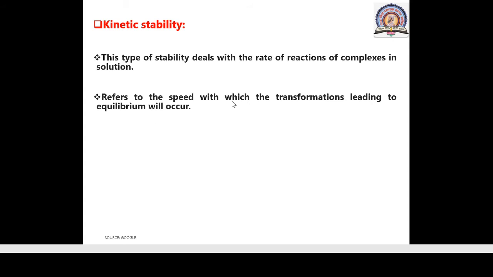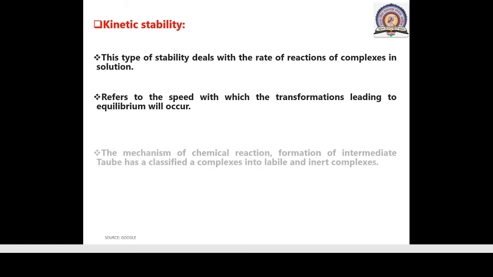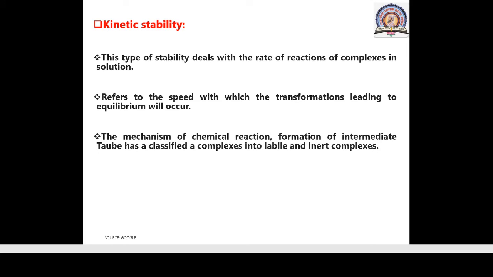But as per Tobe, considering the mechanism of chemical reaction and formation of intermediate, Tobe has classified complexes into labile and inert complexes.